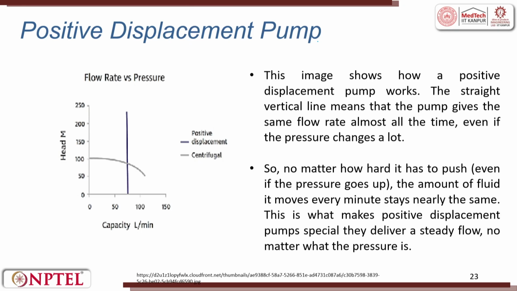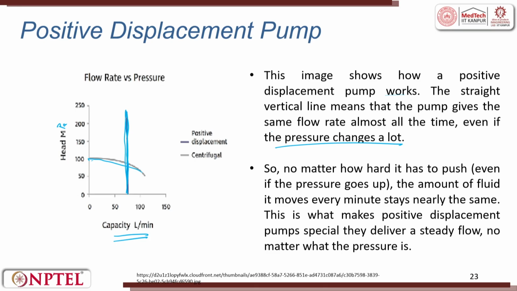When you look at a positive displacement pump with respect to pressure, in MPa, and flow capacity, the image shows how a positive displacement pump works. The straight vertical line means that the pump gives almost the same flow rate all the time, even if the pressure changes a lot. So, this is the positive displacement pump.